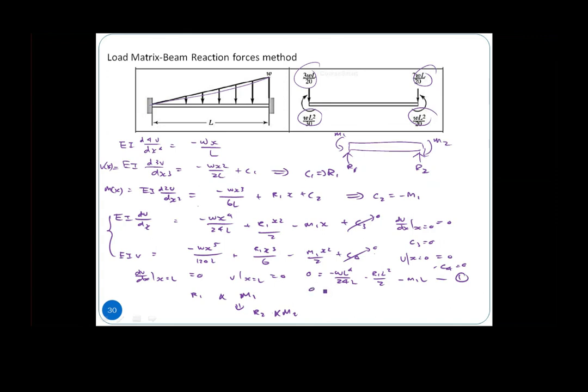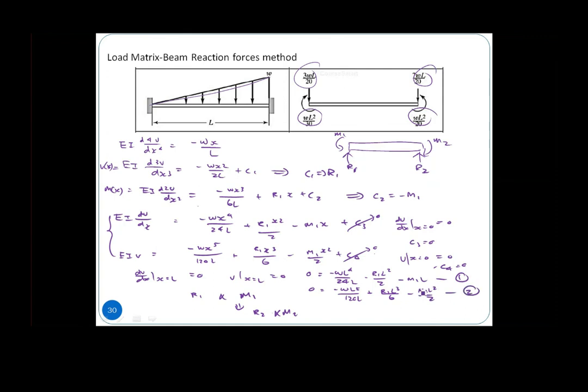The second equation is negative WL to the power of 5 over 120L plus R1 L cubed over 6 minus M1 L squared over 2. So that is my second equation.